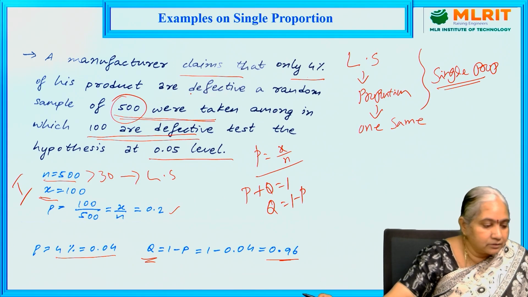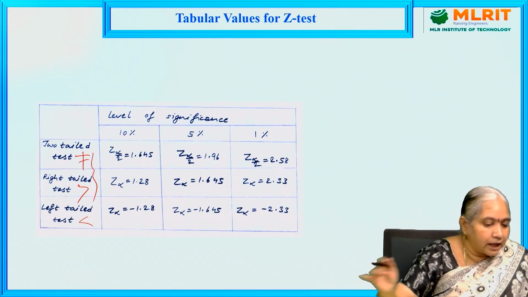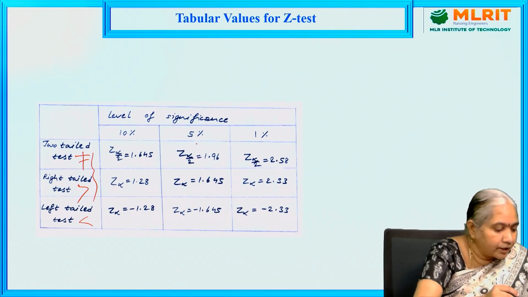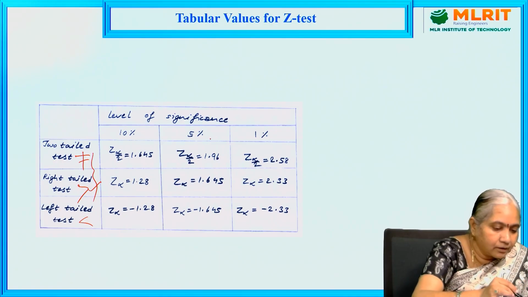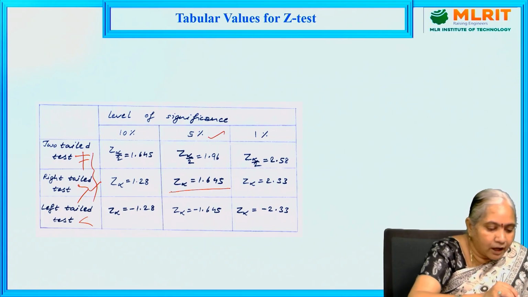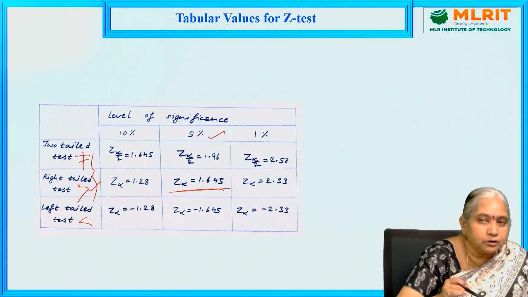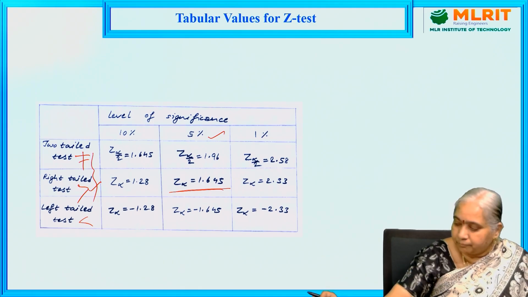So see here in tabular values, at a 5% level of significance for right tailed, the tabular value is Z alpha equal to 1.645.